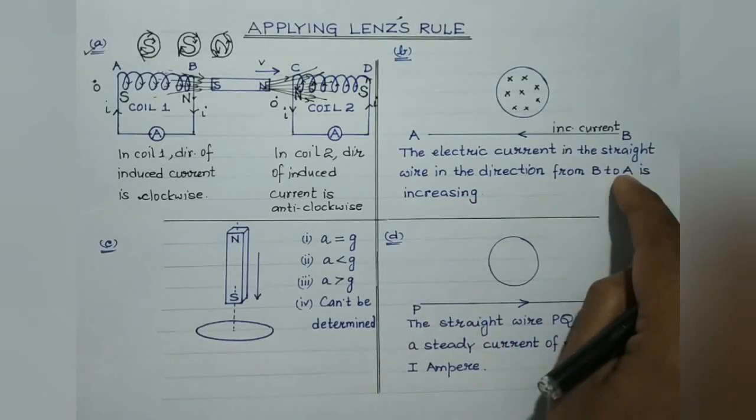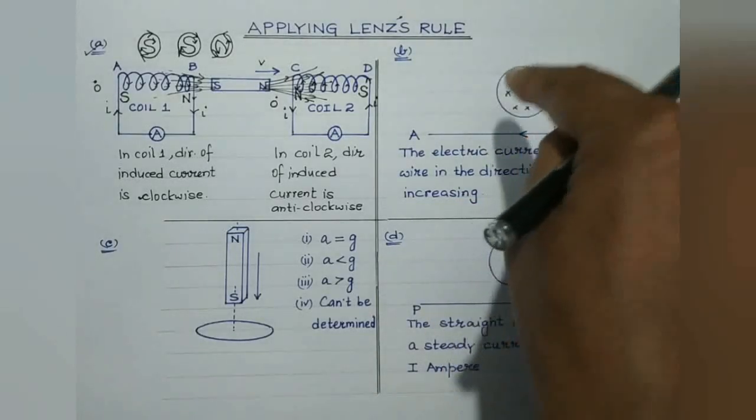And due to the increasing current, the magnetic field lines in the inward direction will grow.